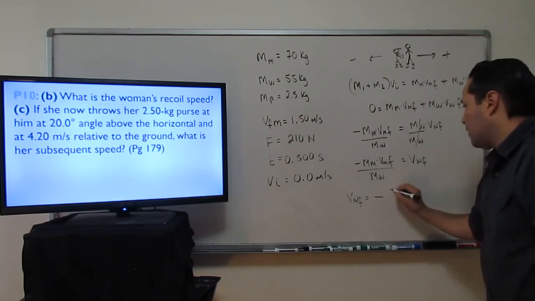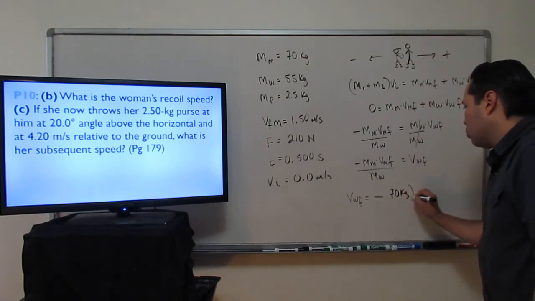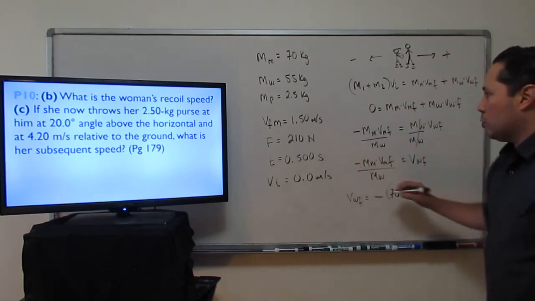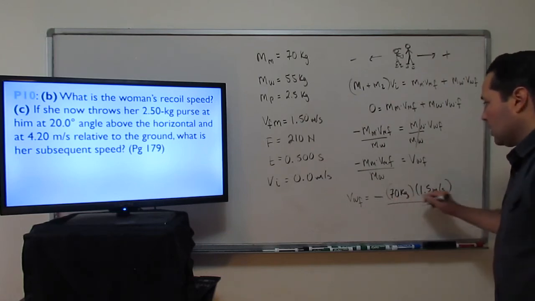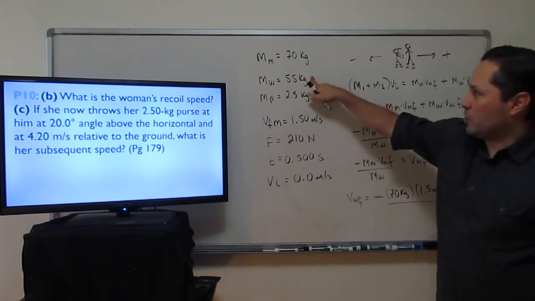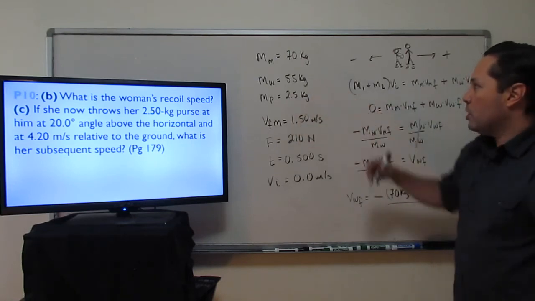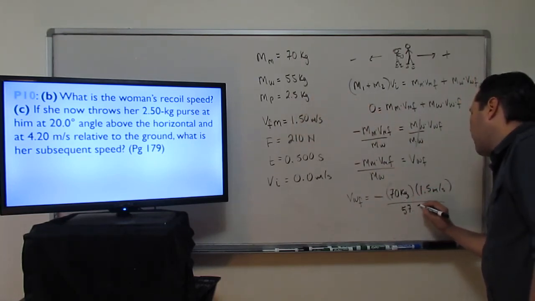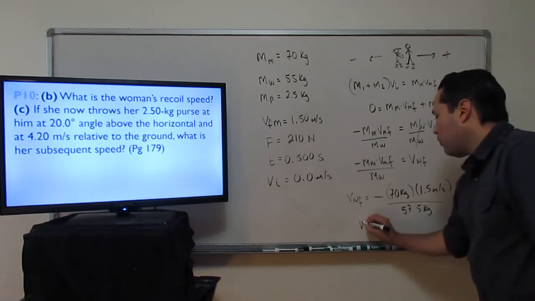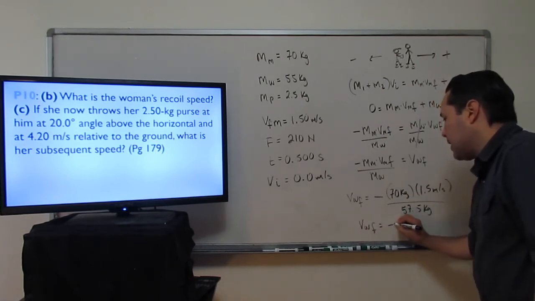Mass of the man is 70 kilograms. We're going to multiply that times his velocity, which was 1.5 meters per second, divided by the mass of the woman, plus she's holding a purse. So it's really going to be 57.5 kilograms. So velocity of the woman final is going to be negative.